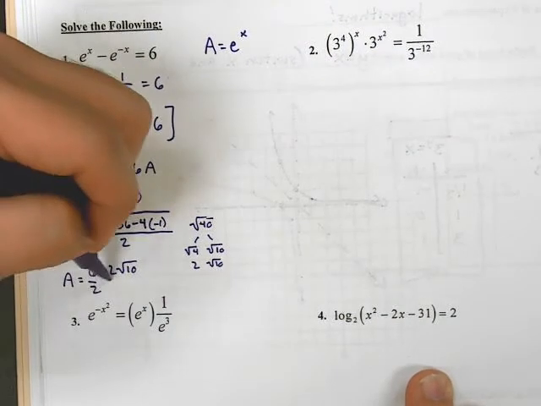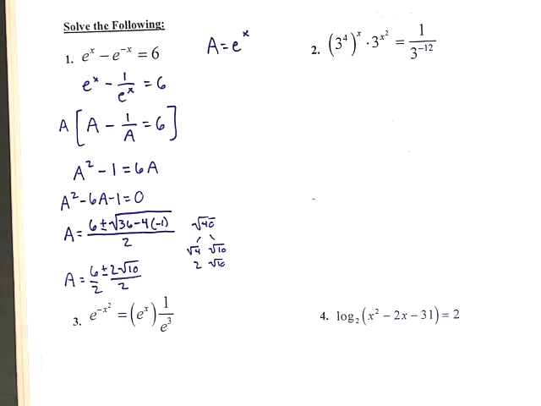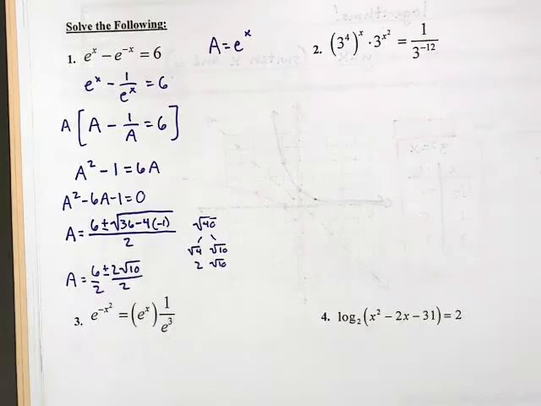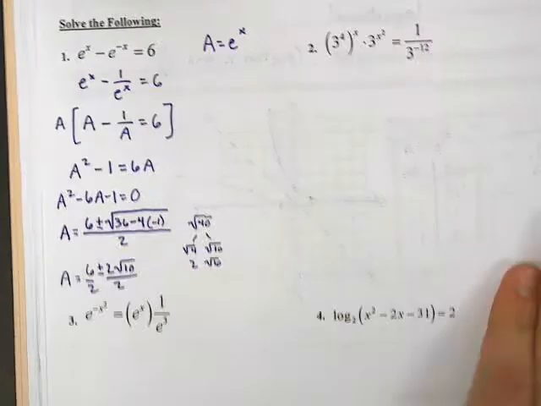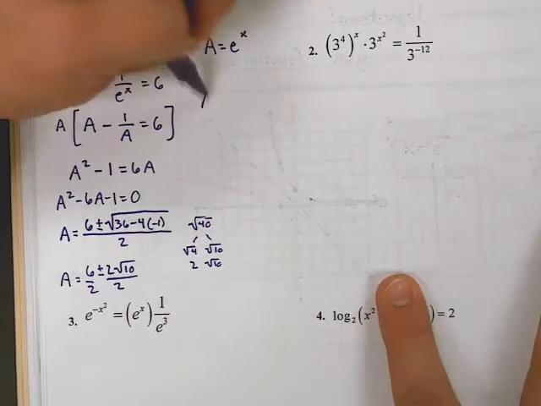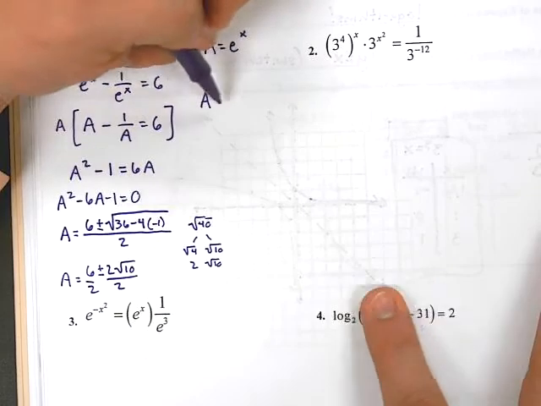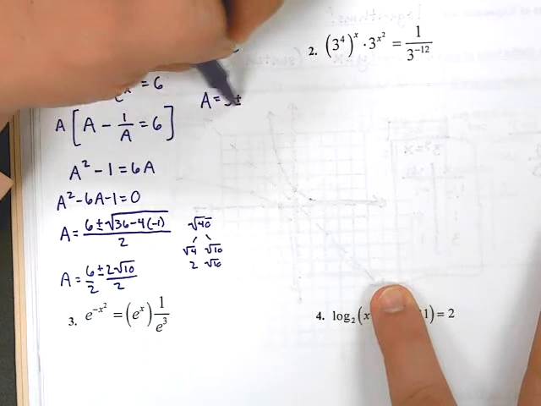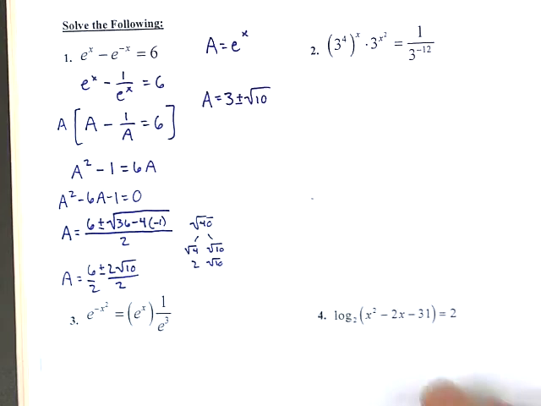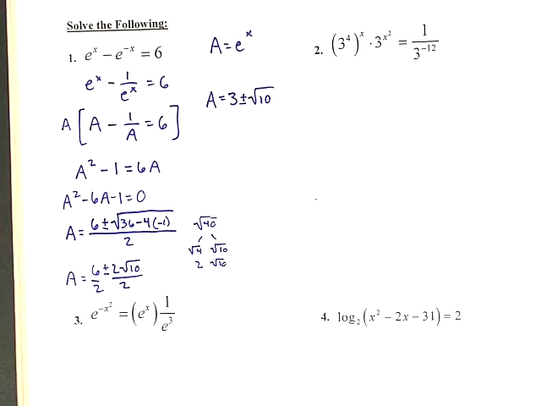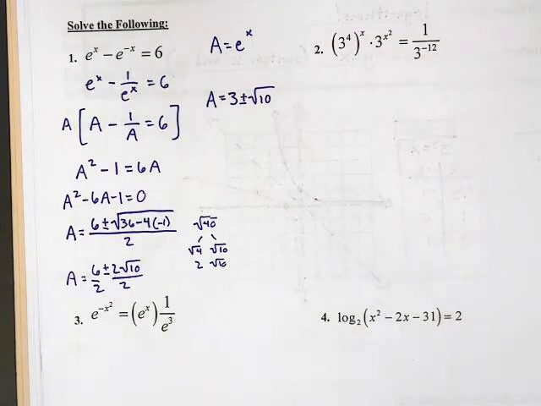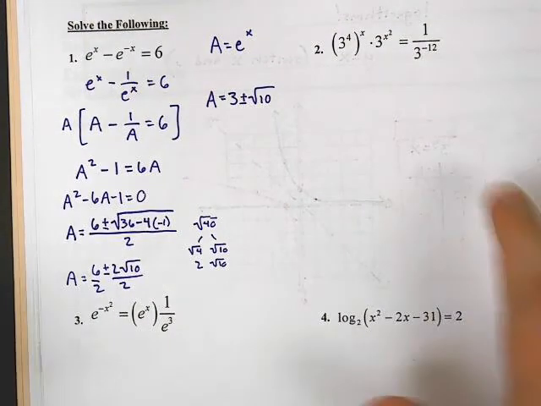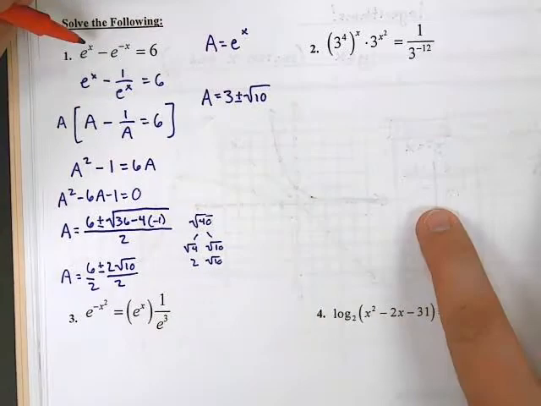Let's just split it up now so we don't forget that the 2 acts on both pieces. And now I should see that a should be 3 plus or minus root 10. Now we're completely done, right? No, we are not done. I don't care about a, I care about x. If I'm solving, I want x, not a.